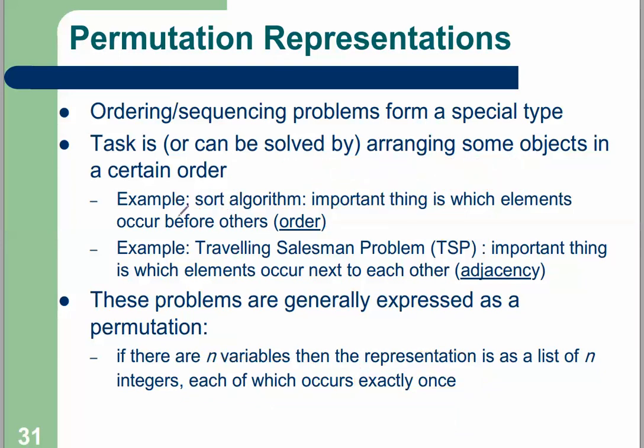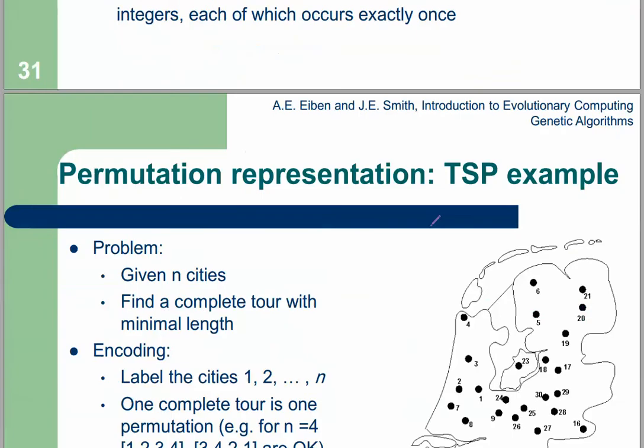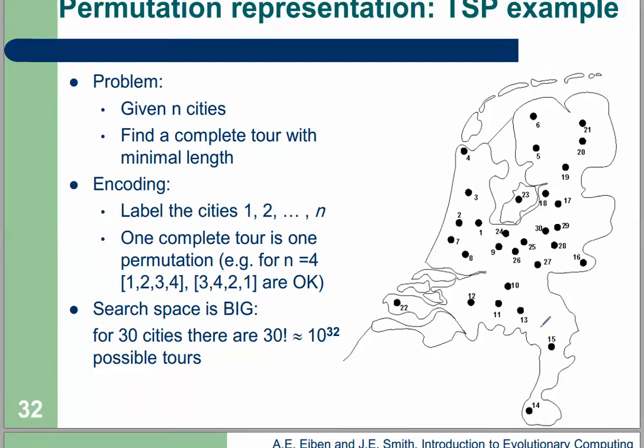It is named a permutation representation. Another problem that uses this representation is the 8 queens problem that we explained in the previous section, and also TSP, the traveling salesman problem. The traveling salesman problem is a classic problem, or postman problem.